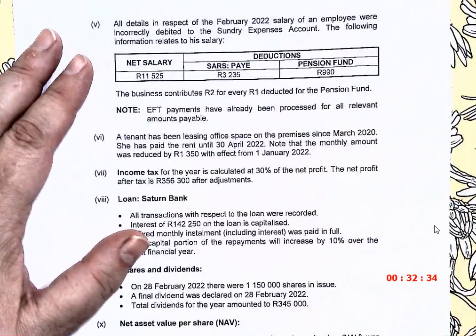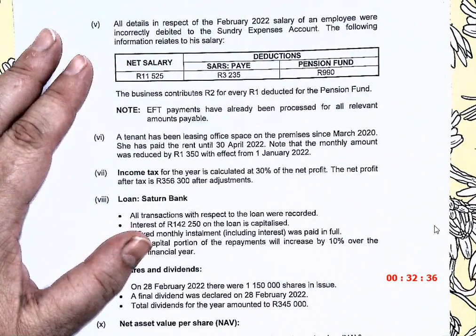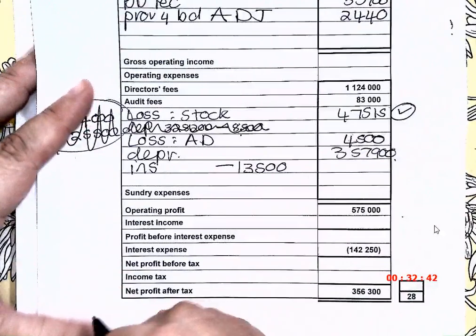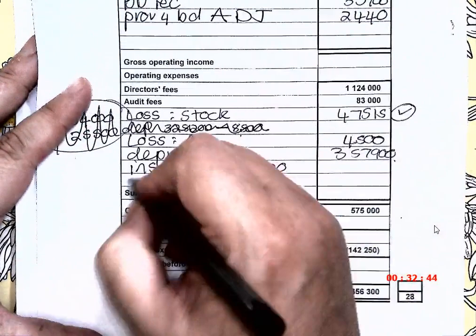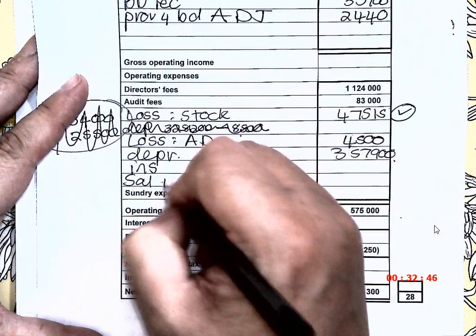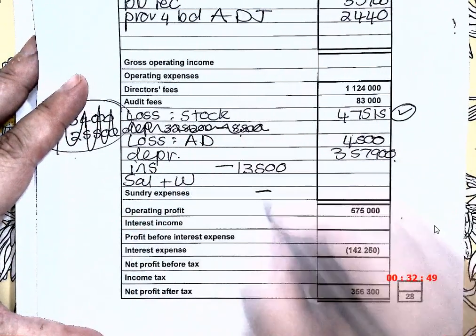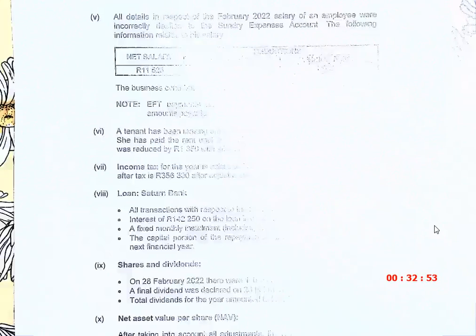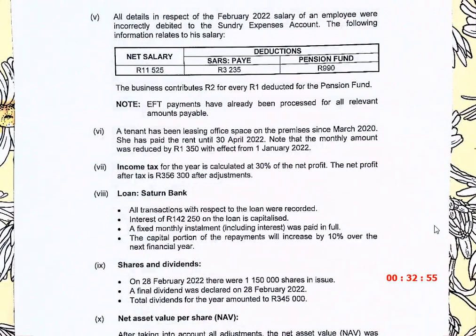All details in respect of the February salary of an employee were incorrectly debited to the sundry expenses. Meaning whatever I'm going to do with salary and wages, I'm going to subtract here from sundry expenses. Okay. So, let's go on.